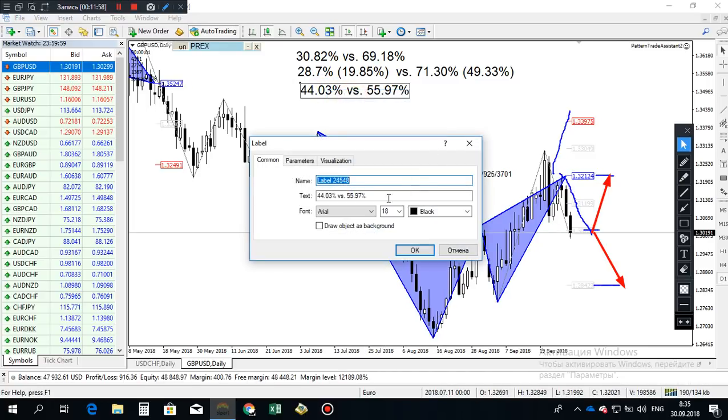Let me change it. Of course, if we calculate totals, it is this 21.72% probability of total trades. And this one is 27.61% of total trades.